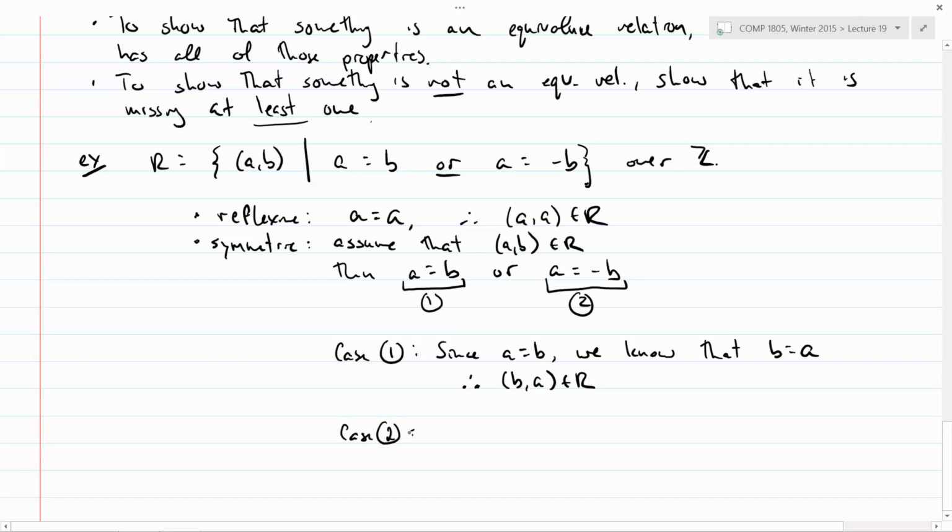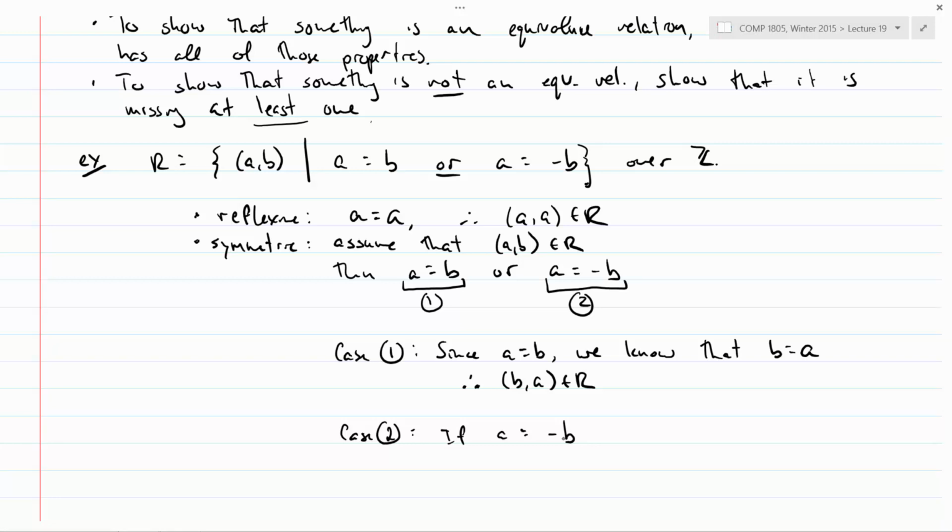Case 2 is maybe slightly trickier. If A equals minus B, well, I'd like to prove that either A equals B, which we're unlikely to be able to do, or I'd like to prove what? I'd like to be able to prove B equals minus A, because then I would have BA in R. And is it true that if A equals minus B, then minus A equals B?